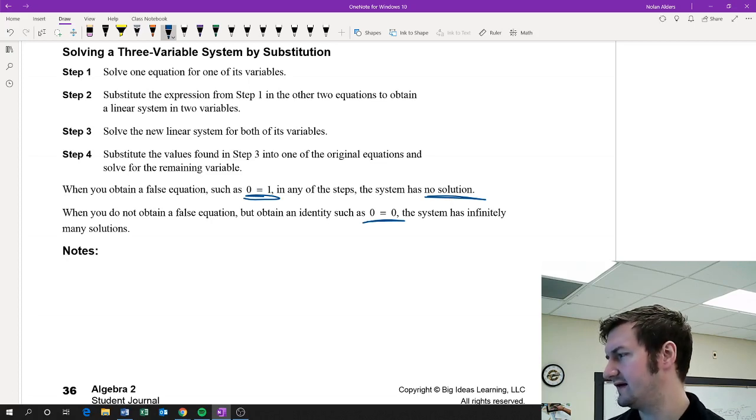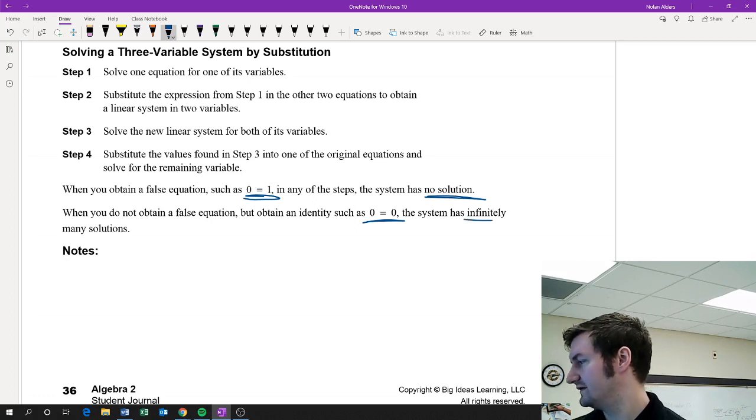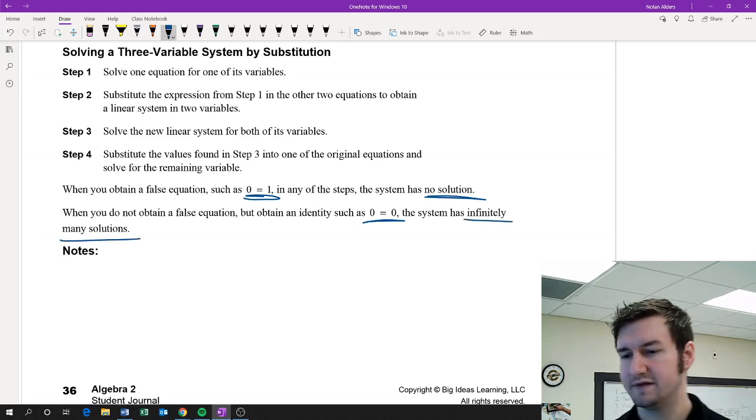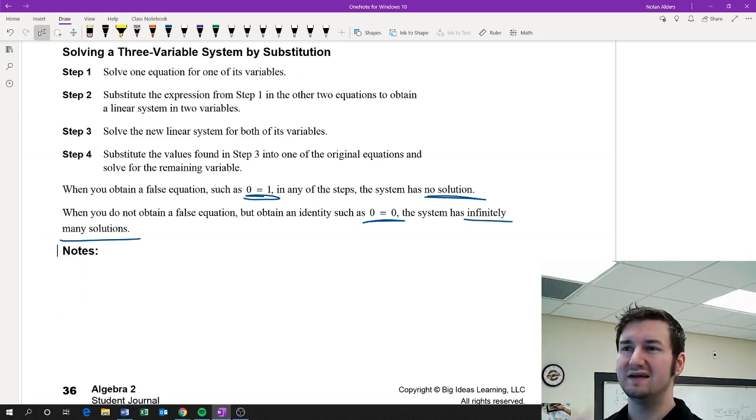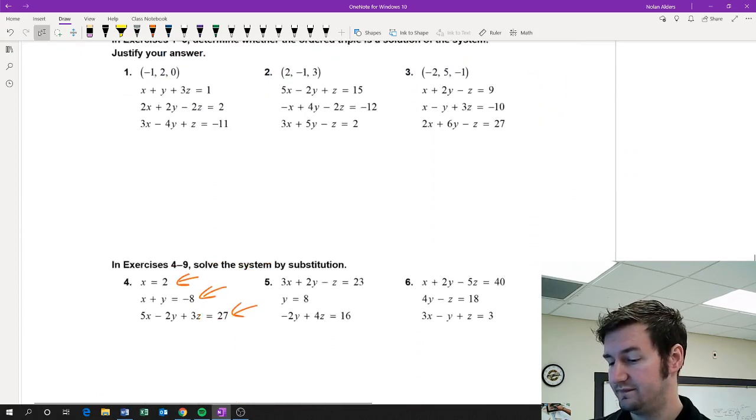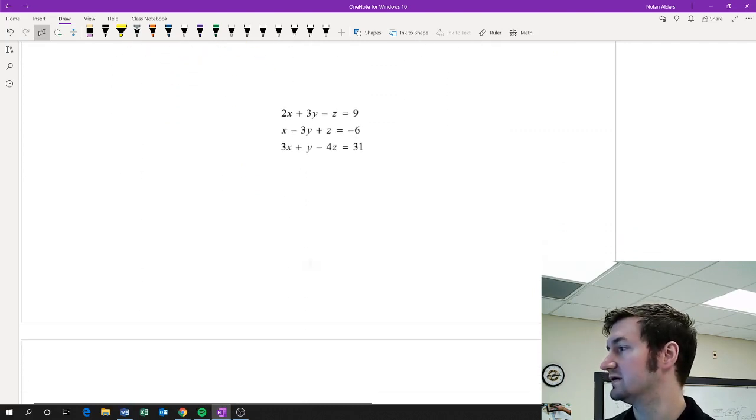If we got something like that, then we would say that the system has infinitely many solutions. If you want to, put these steps into your notes, write them down somewhere so that you can refer back to them. And we're going to follow these steps now to solve a system of linear equations.